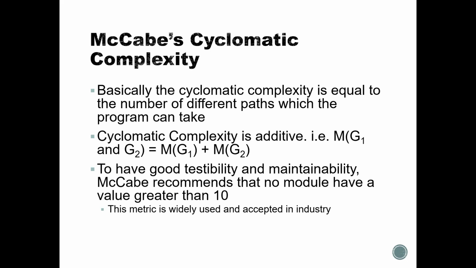And in order to get good testability and maintainability, McCabe recommends that no module should have a value greater than 10. So whenever you are doing the evaluation, check that the values are under 10 and not above. If it is above 10, then you need to think about how you can modify the code.